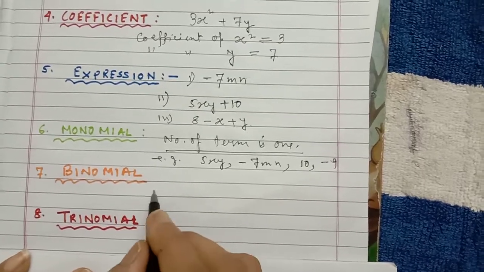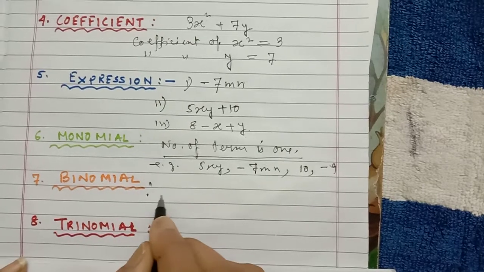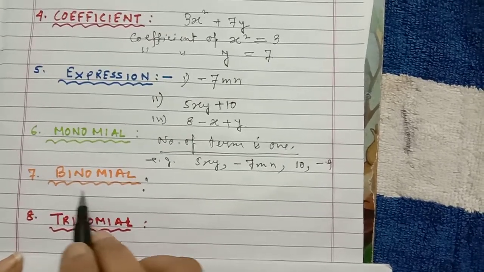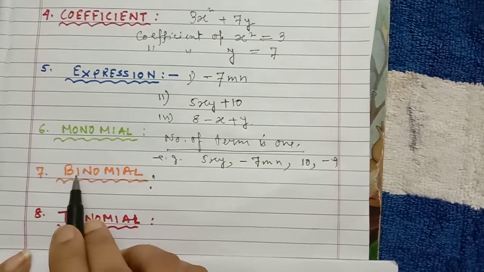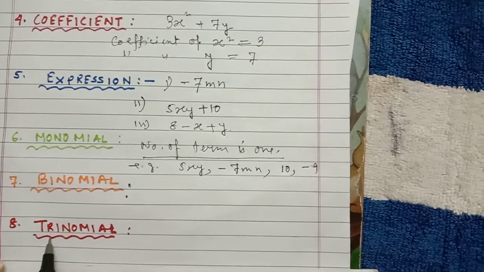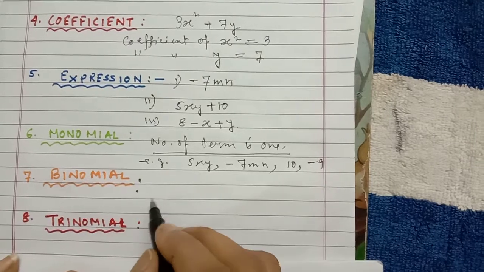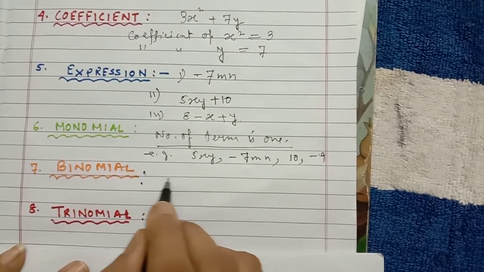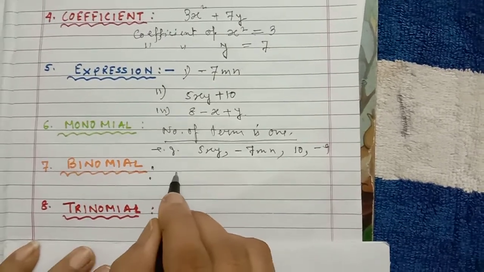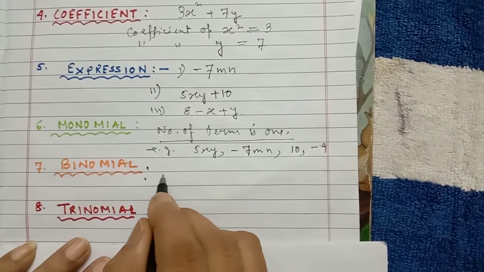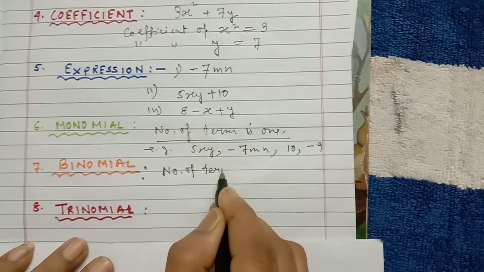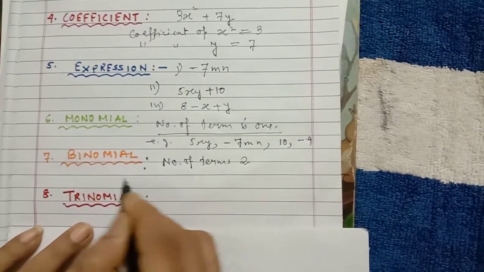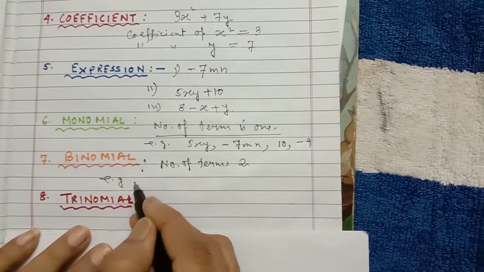Now examples of binomial. The name is telling: mono means 1, bi means 2, tri means 3. So in a binomial expression you will get two terms only. Examples of binomial, where the number of terms is 2.